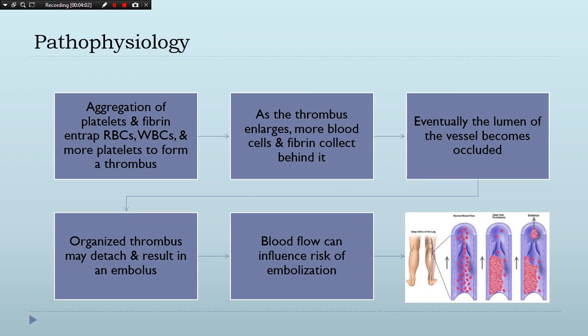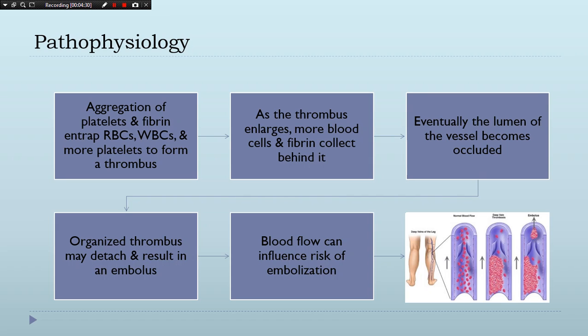So the pathophysiology of a clot is there's going to be an aggregation of platelets and fibrin that traps cells, which is going to form a thrombus. As the thrombus enlarges, more clots and more cells and fibrin are going to collect behind it to make it bigger. Eventually, the lumen has the capability to completely occlude a vessel, which is going to lead to the symptoms that we see.